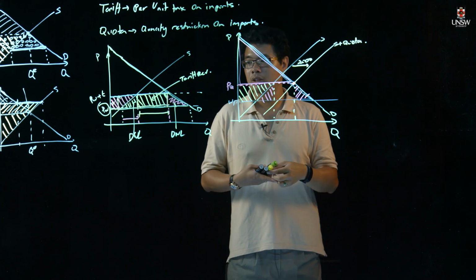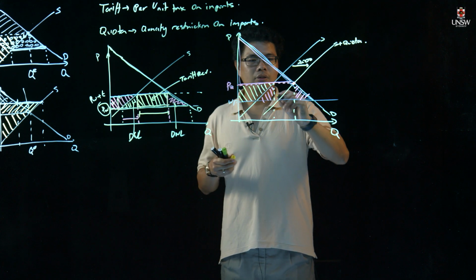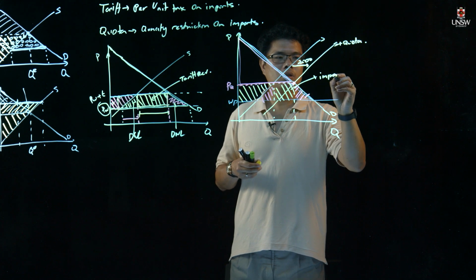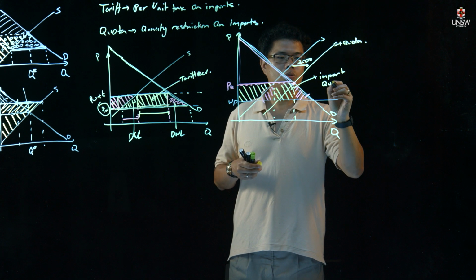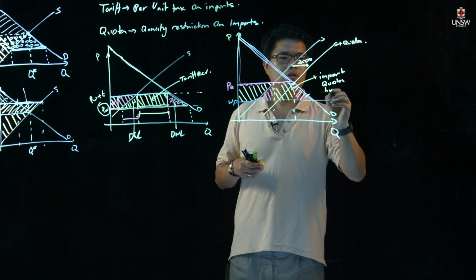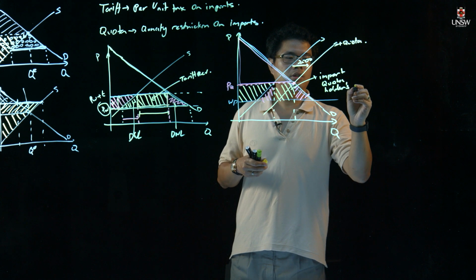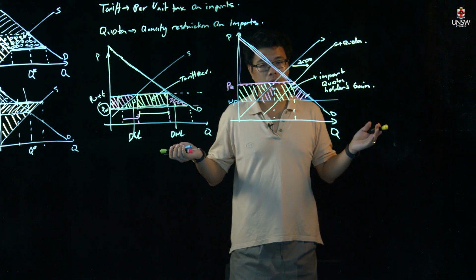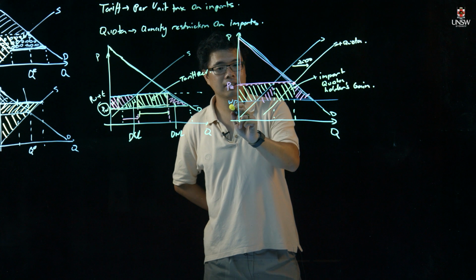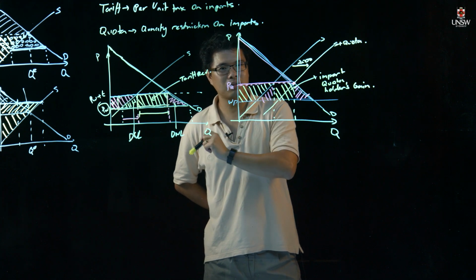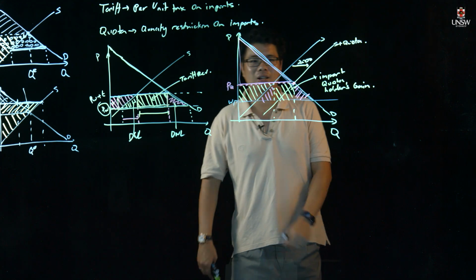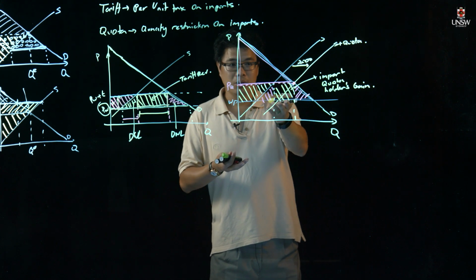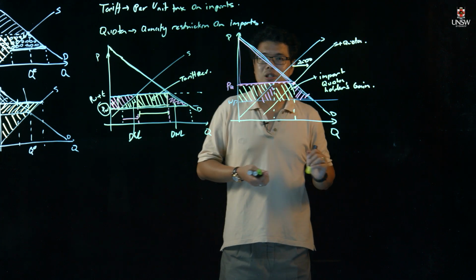This belongs to the import quota holders. Because effectively, think about what the import quota holder does. They're going to purchase the good at this price and sell it domestically at this price, aren't they? So that's effectively what they're doing, and hence this represents their gain.